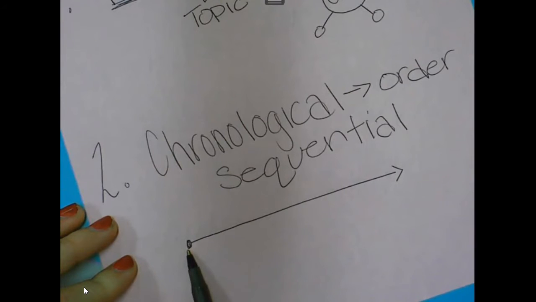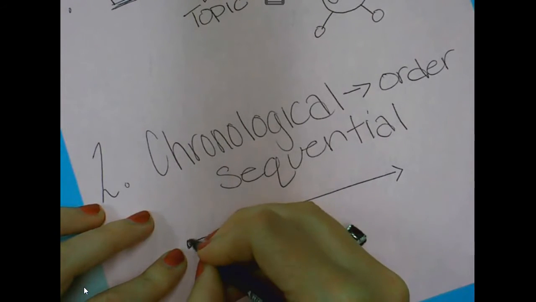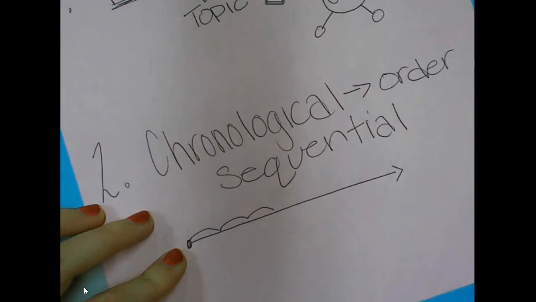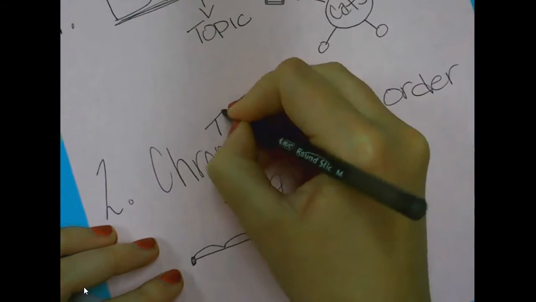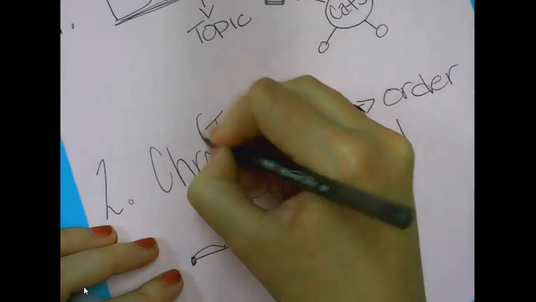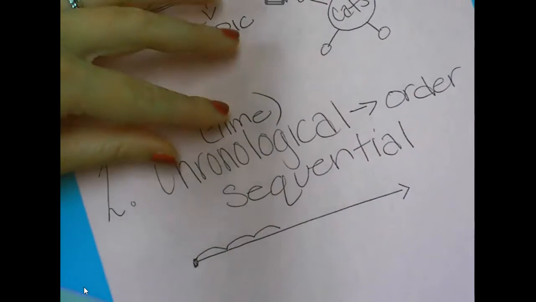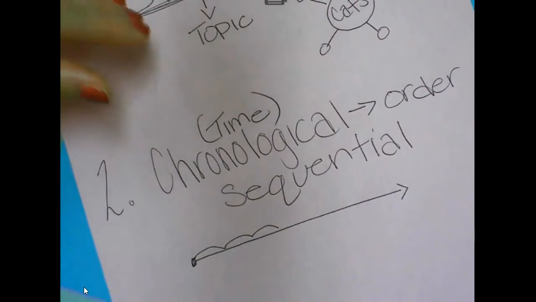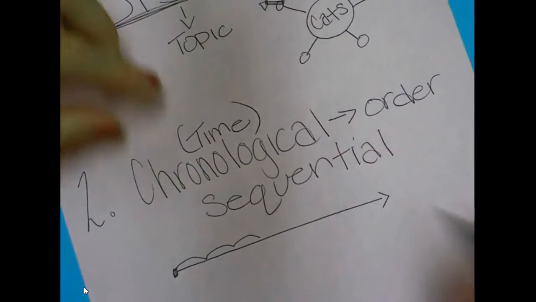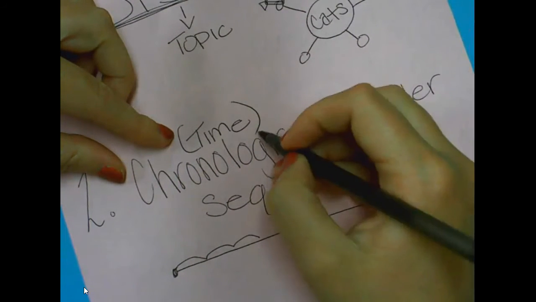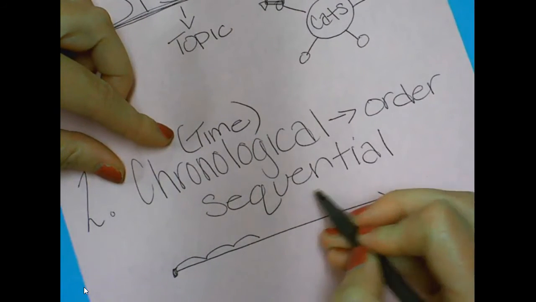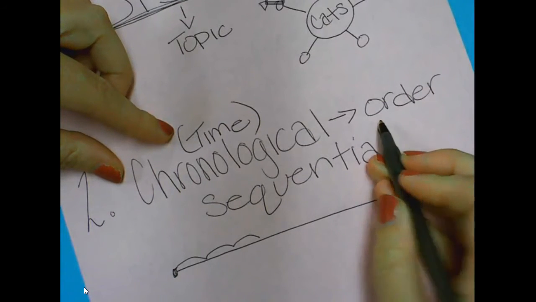More than likely their brain's going to go to the logical beginning of the day, and then they will continue to move forward throughout time. Chronological means time. I know that students will see this word chronological in other subjects. Chronological can also mean sequential, sequence of events, or order.